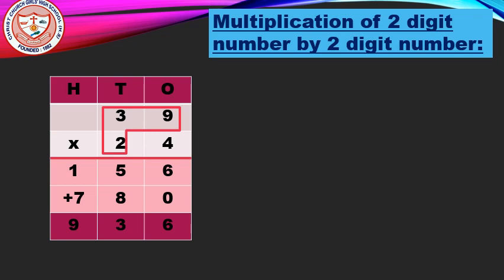Then 3 2s are 6 plus carried 1. So it gives us 7. Okay. So the answer is 78. Here we are going to write 7 in hundreds place and in tens place we are going to write 8.